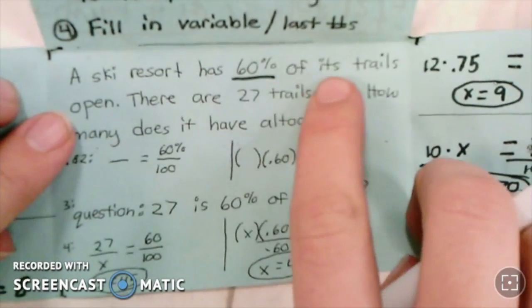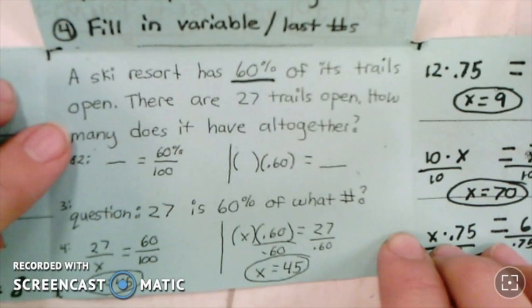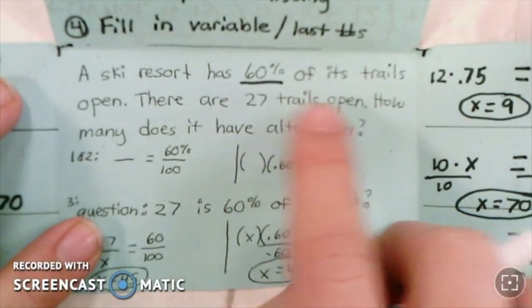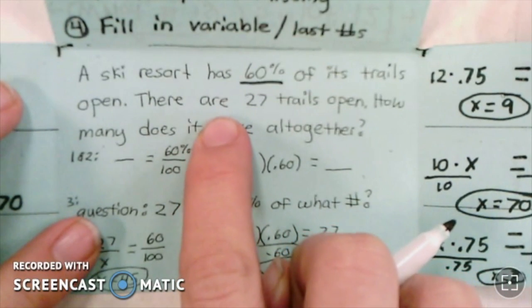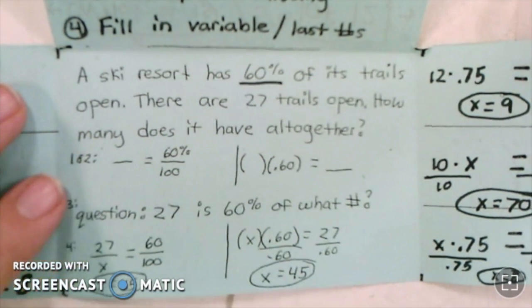So of its trails, its total amount of trails is the of. There are 27 trails open. Remember, are is a past tense version of is. So we want to know how many does it have altogether. So basically we want to know 27 is 60% of what number?